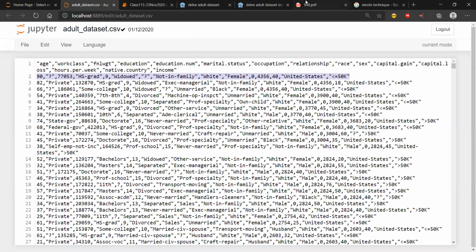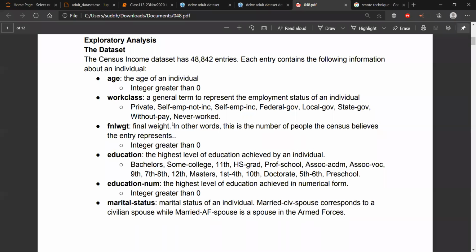Okay, so that's the weight it is talking about. At least that's what I could understand, looking at the English.